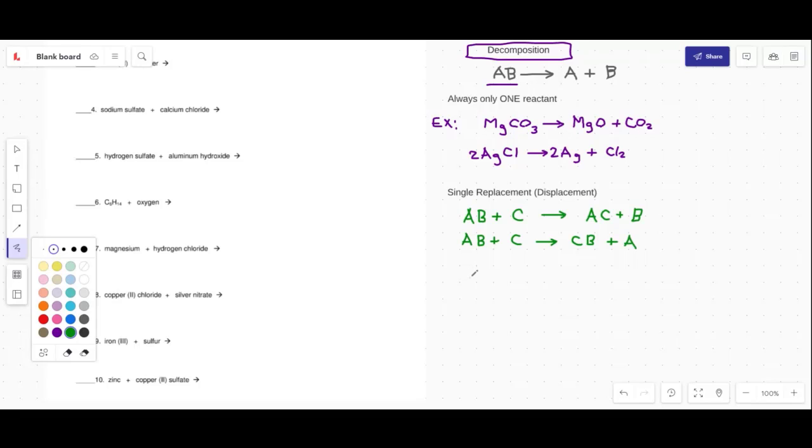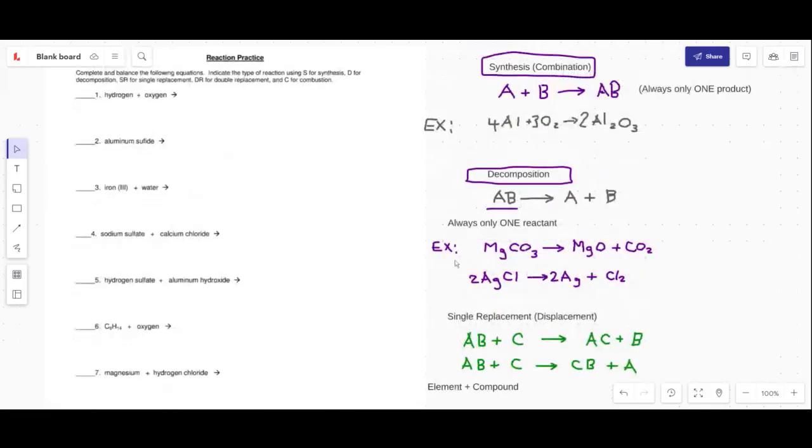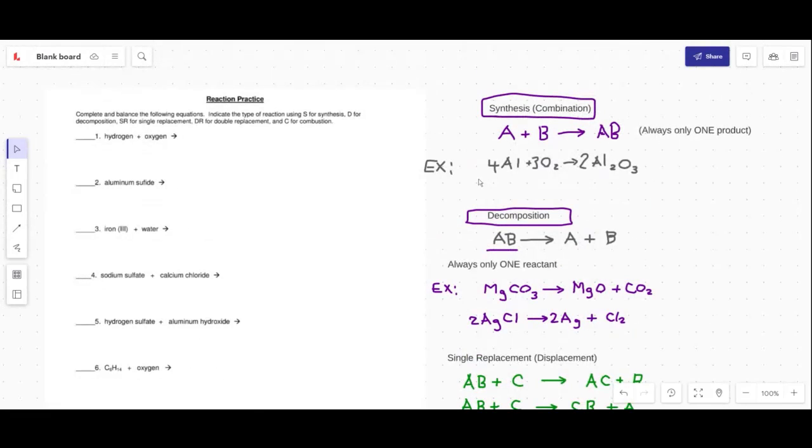And the key thing to recognize if it's going to be a single replacement reaction is that it's always going to be an element and a compound. So you can tell just looking at the reactants, okay? With the synthesis, these are usually just elements.